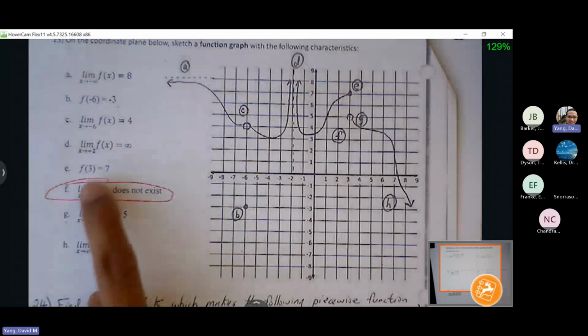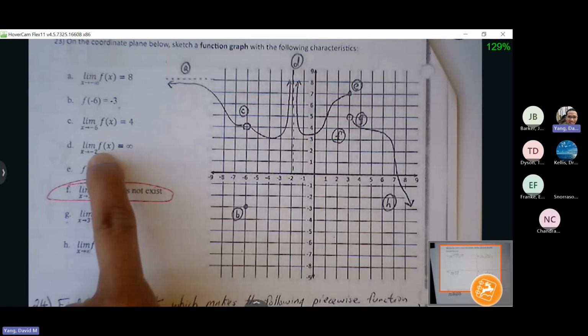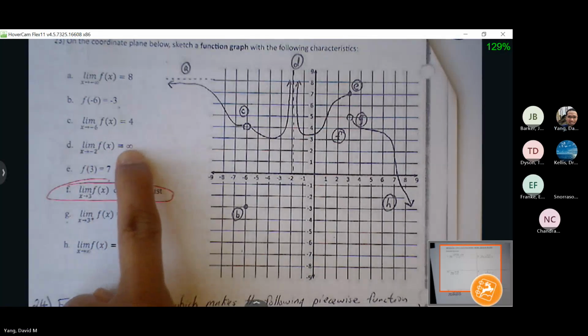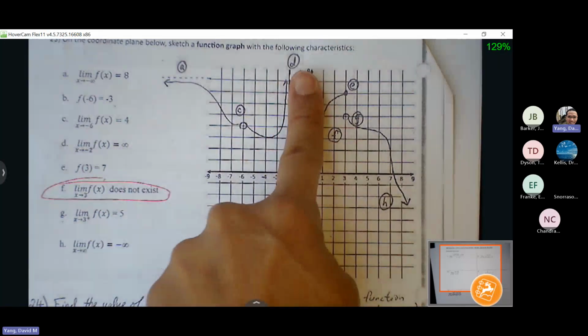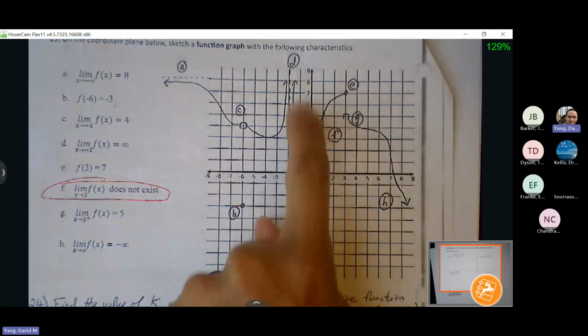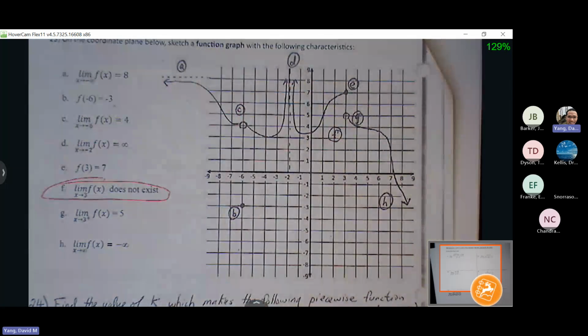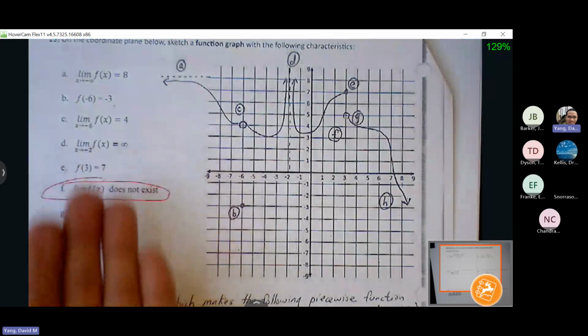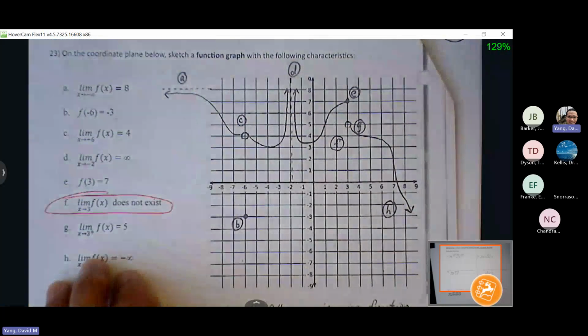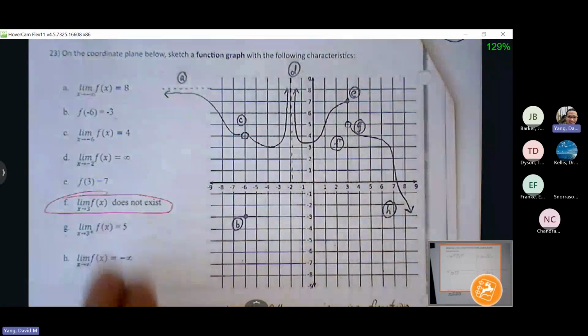If it was from the left side of -2, then I only need to commit to that left side going up. Unless there's another statement telling me what's happening on the right side, I don't have to show that right side. You can show more than what the characteristics are asking you to do, as long as it doesn't conflict with other statements.